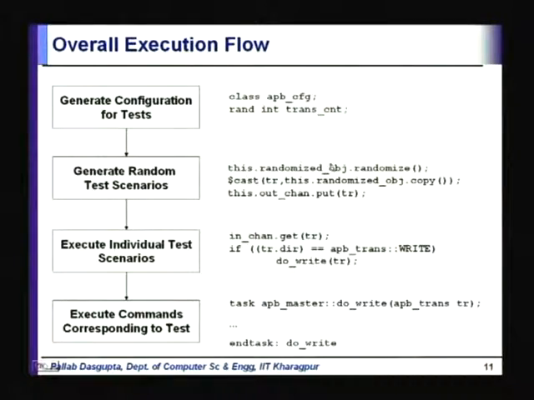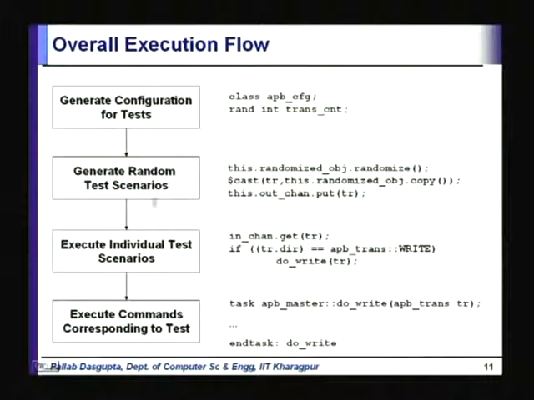So it just randomizes the fields of the structure. Is that clear? For any object you can call that dot randomize. So what this does is that it randomizes the values of that field, and then it puts it in the channel.